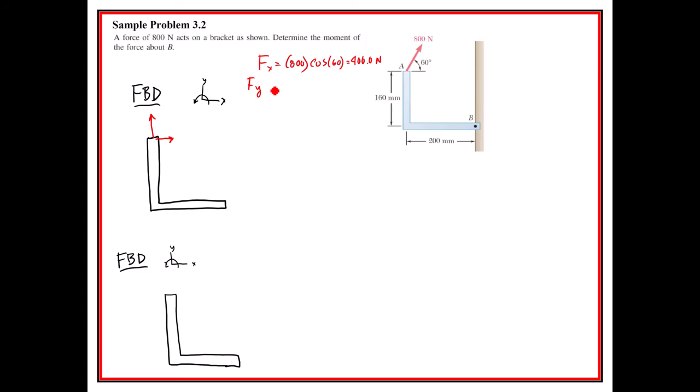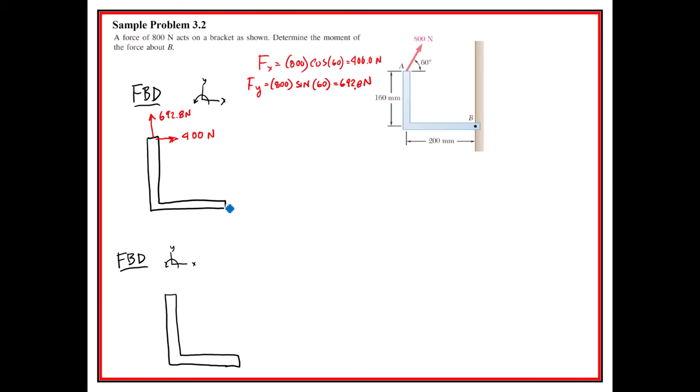Fy is equal to 800 times the sine of 60, which is equal to 692.8 newtons. So applied right here, did I label it? Yes, I did. 400 newtons and 692.8 newtons. Then I put my reactions on here.